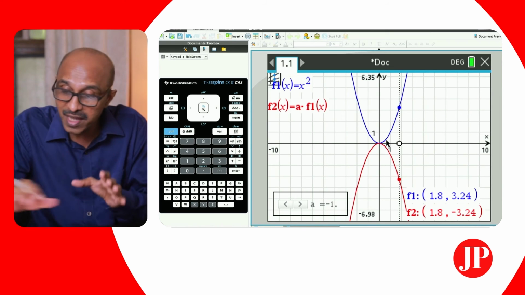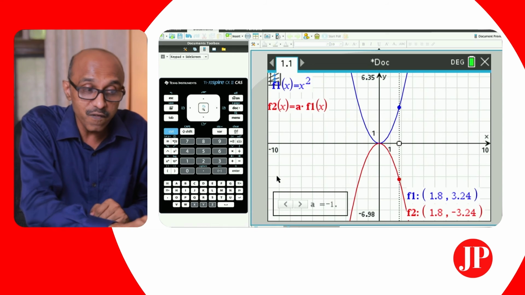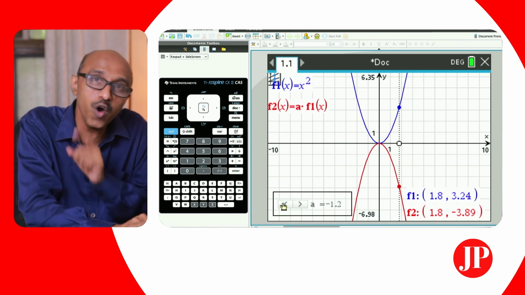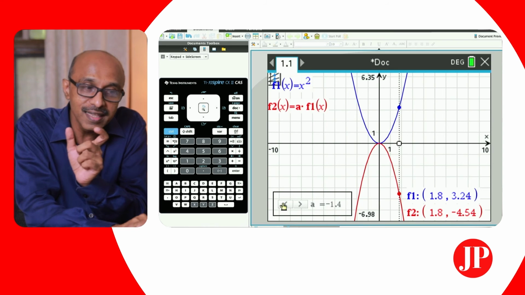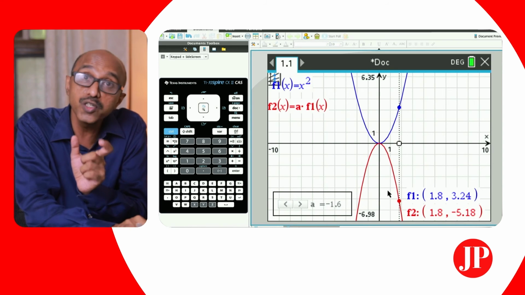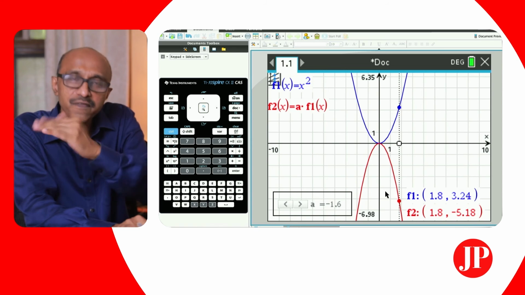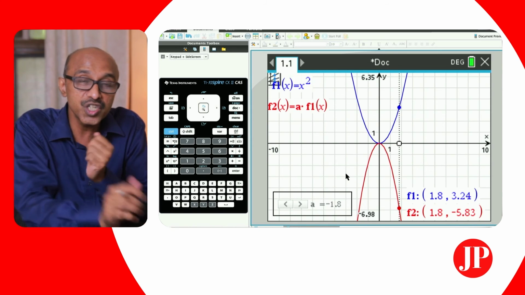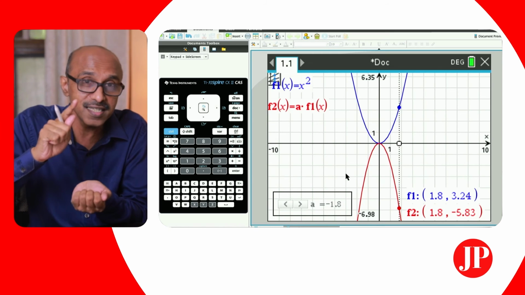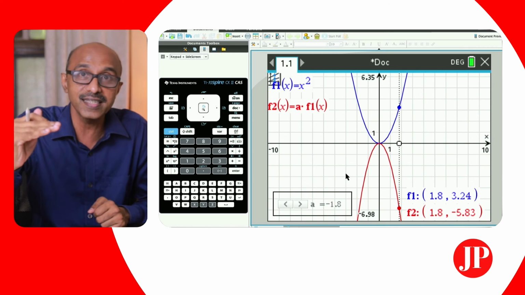But for every other behavior that we saw, that means if the magnitude of a, the absolute value of a, is greater than 1, the graph is going to go closer to the y-axis. Yes, it's a reflected graph, but it's going to go closer to the y-axis, which is a stretch along the y-axis, but from the x-axis.